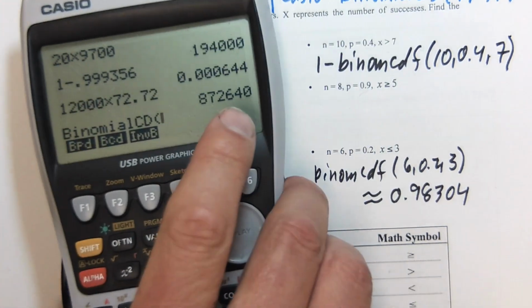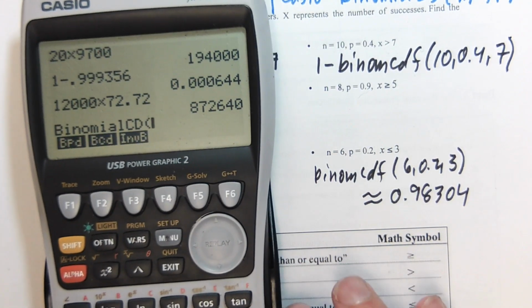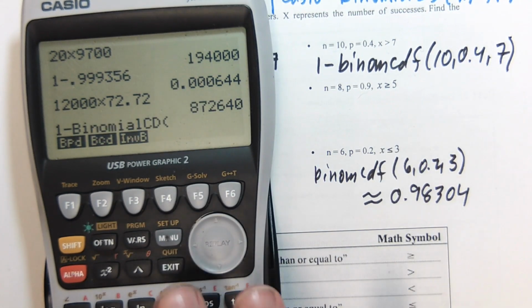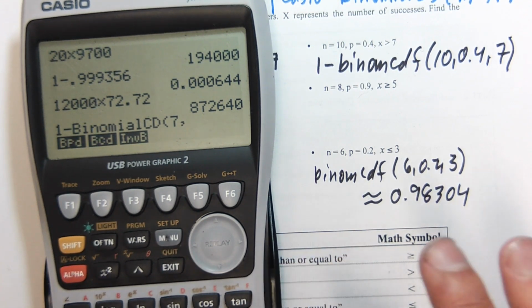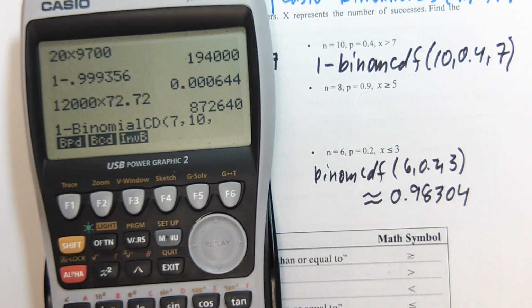And I'm going to do this one on the Casio, just so that some of the Casio users can see it. So I'm going to do 1 minus binom CD. And again, your order is going to be 10, comma, 0.4, comma, 7.